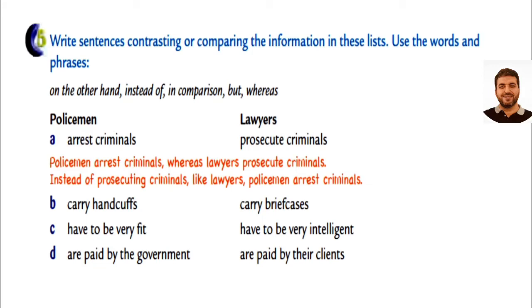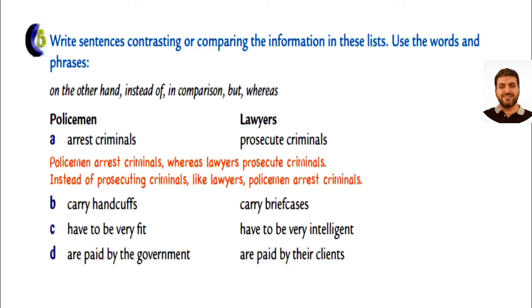For example, we have here policemen and we have lawyers. So the first part of the sentence, policemen, and we take arrest criminals. So we say, policemen arrest criminals, and we put a comma, and then we take whereas, and then I take the second sentence, lawyers prosecute criminals. Okay? Use another one, not whereas, I can use instead of.